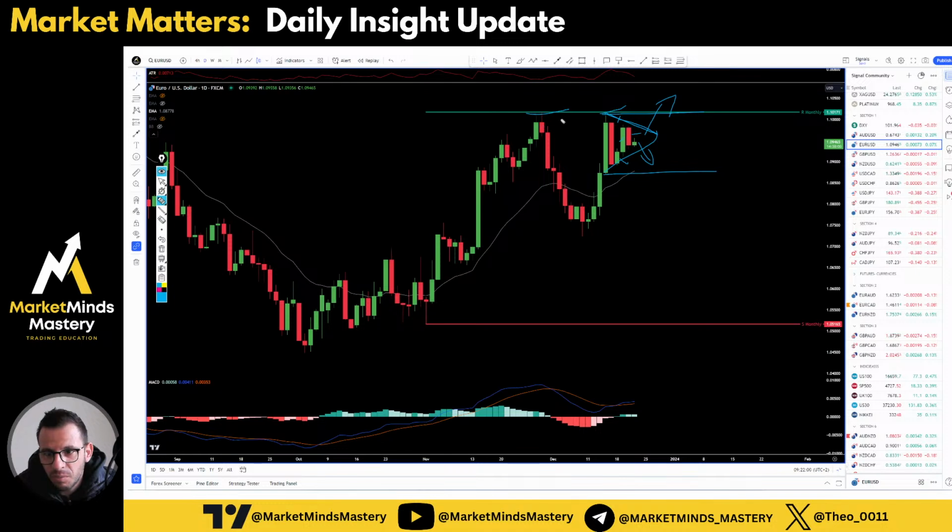Keep in mind that the price is not trending anymore. This swing is equal to that swing over there, or this one with this one. The support is down around 1.07. So we better wait to see what's going to happen here.